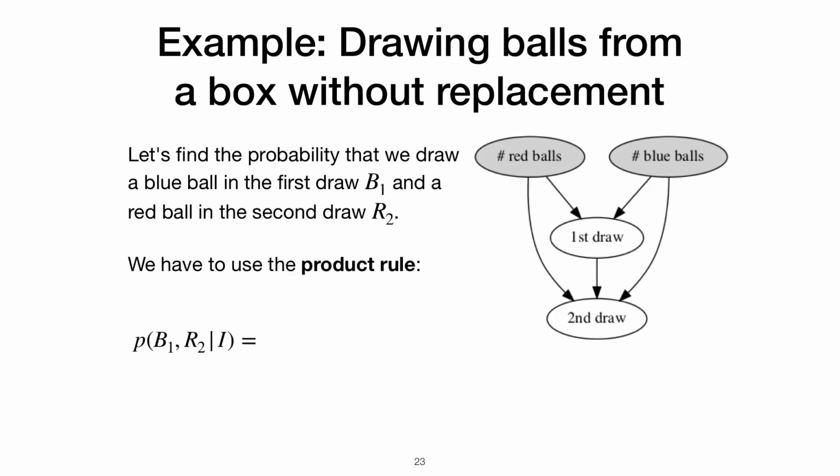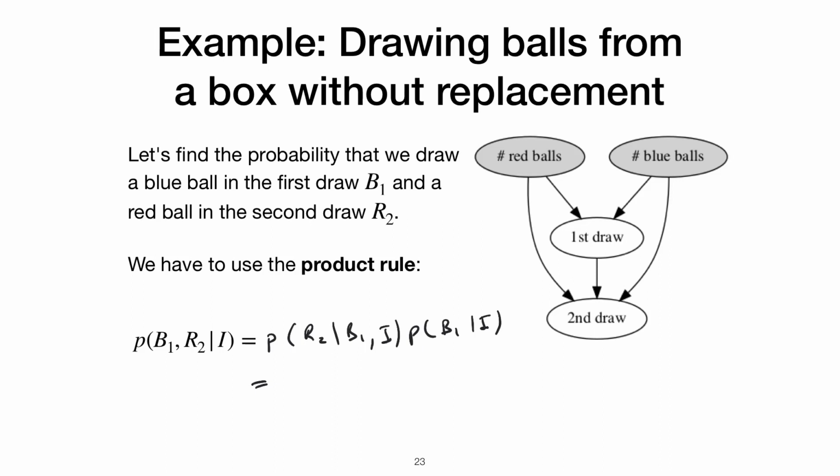Now we're going to consider a joint event, the event that we first draw a blue ball followed by a red ball. This event can be written as B1, R2. So blue ball in the first draw and a red ball in the second draw. And we have to use the product rule to find this probability. It is going to be the probability of R2 given B1 times the probability of B1. Of course, we know both these probabilities, so we can plug in the estimates and find them.